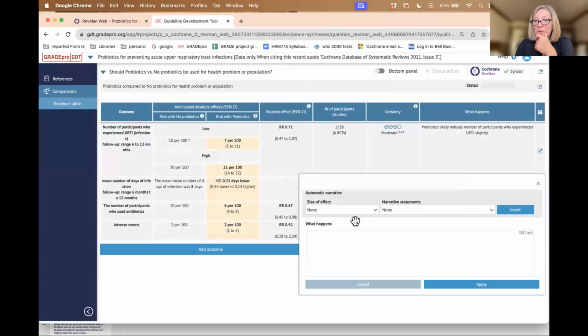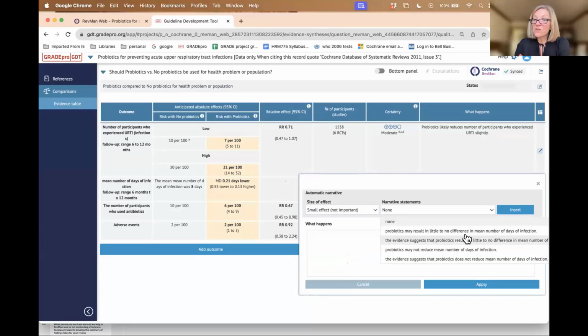And now when I do this, if I say that 0.21 days is no effect or a small effect but not important, I will be given different wording and make that choice. Now it's showing little to no difference, may not reduce, because 0.21 days for me was nothing.